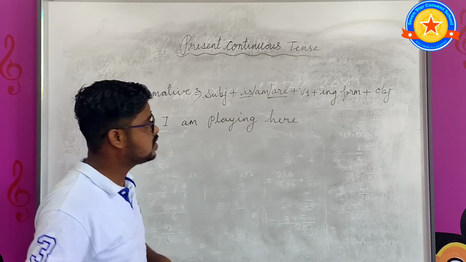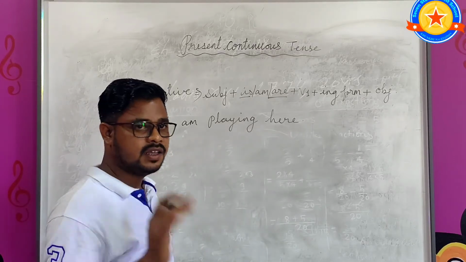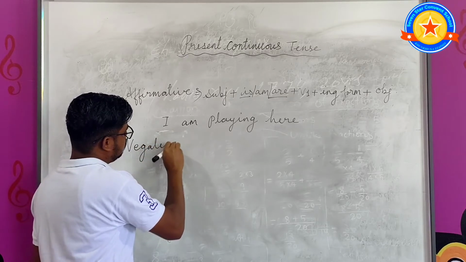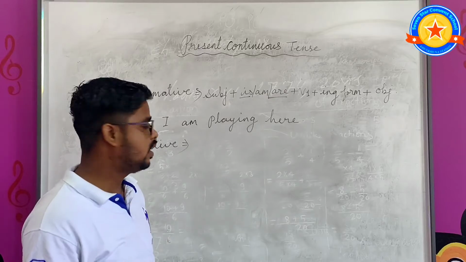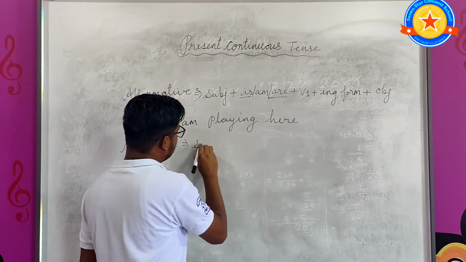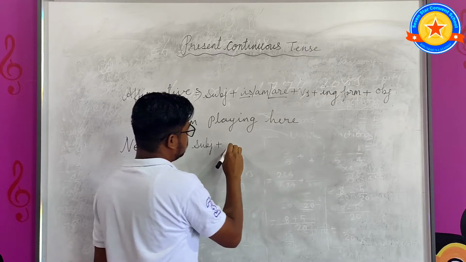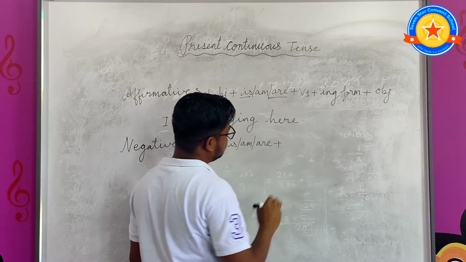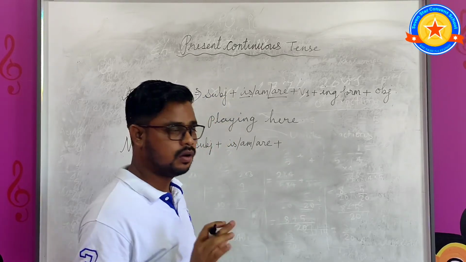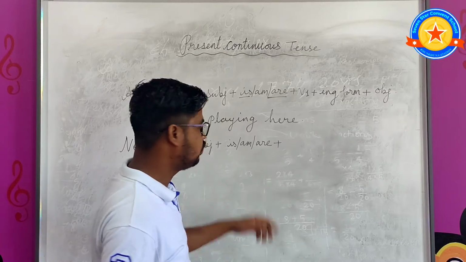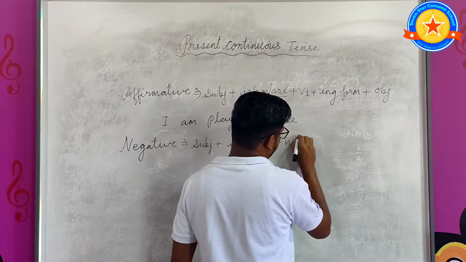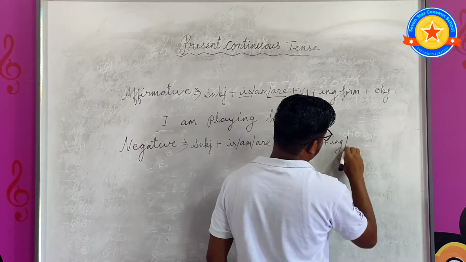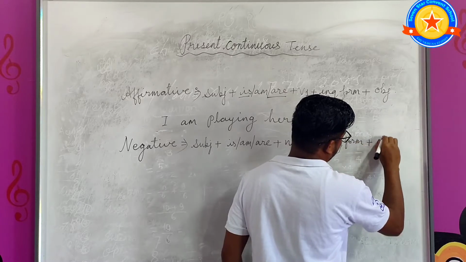Okay, so next is negative sentence. Its structure or pattern is subject plus is, am, are plus, in a negative sentence, we have to put not after the helping verb, and not plus verb 1 plus ing form of the main verb plus object.